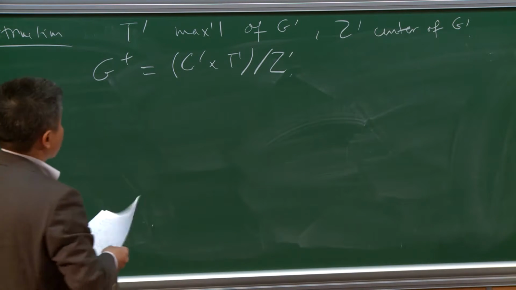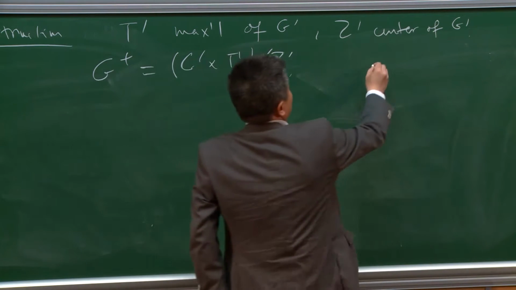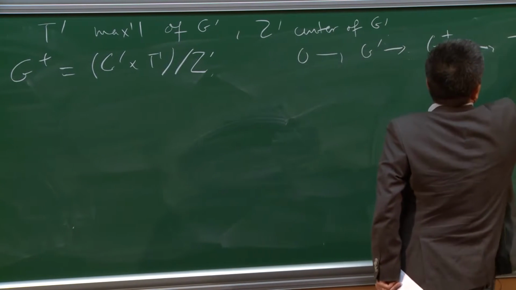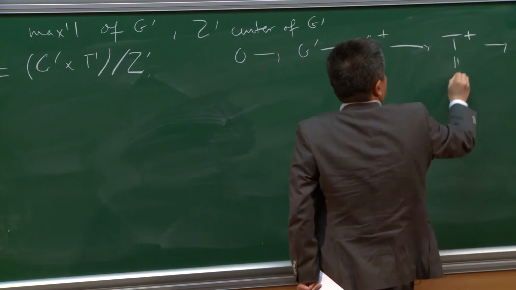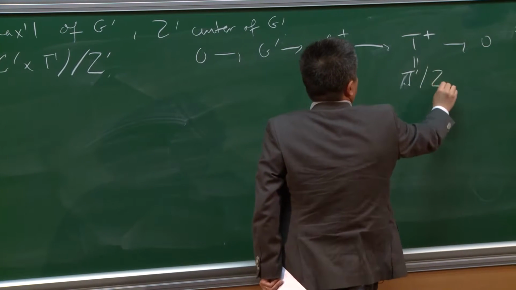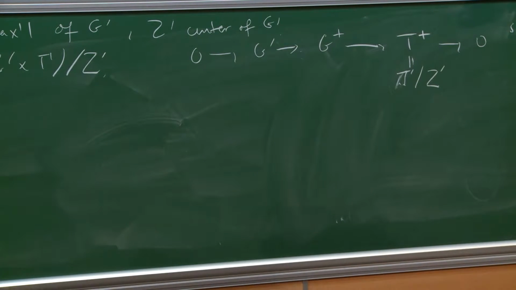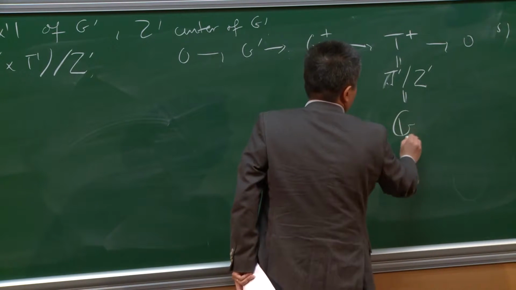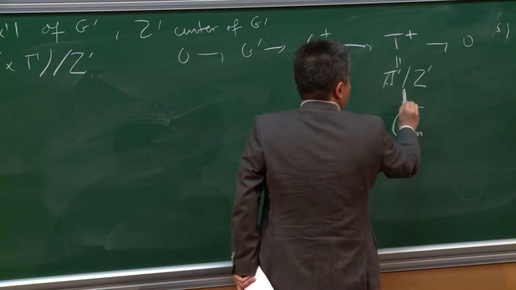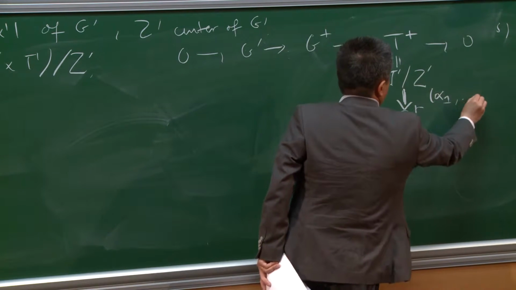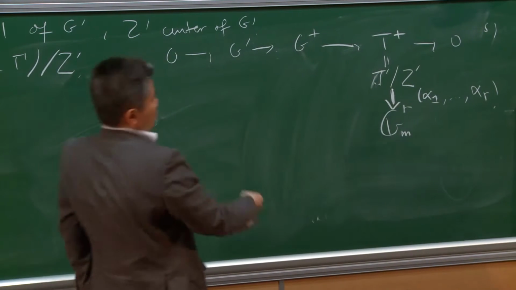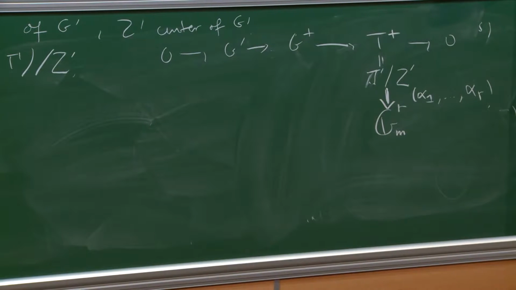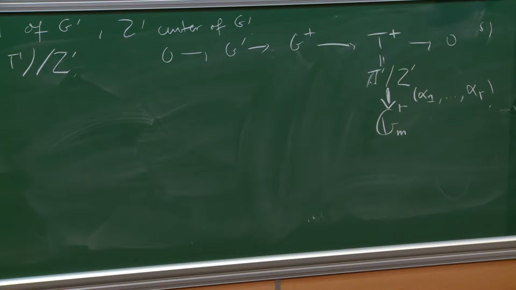And then we have this exact sequence to Z plus, to T plus, to 0, where T plus is now T prime mod Z prime, and this becomes the torus of the adjoint group, and it is G_m to the r, and this map is given by the simple roots. So in a fixed Borel, you have simple roots that identify the maximal torus of the adjoint group with the product of G_m.